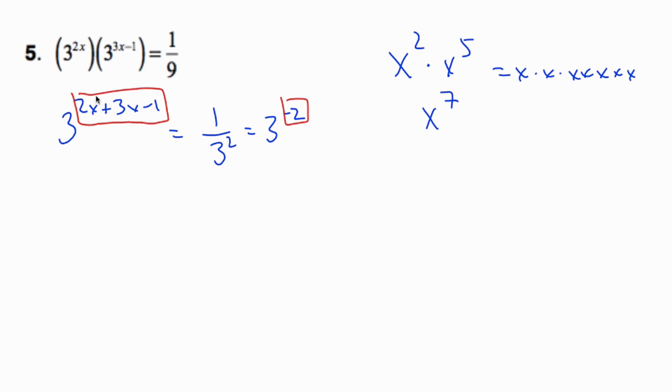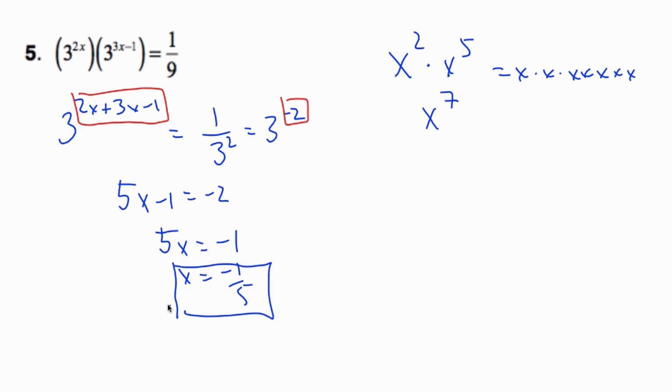And so 5x minus 1 is then equal to negative 2. 5x is equal to negative 1 by adding the 1, divided by 5, and x will be negative 1/5.